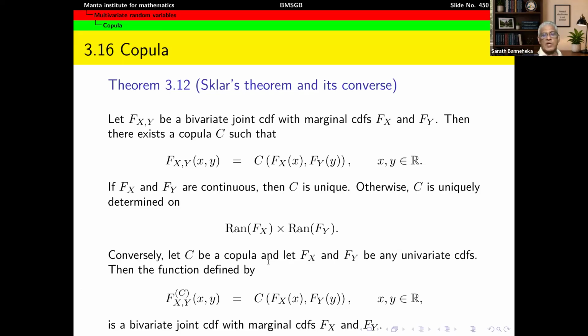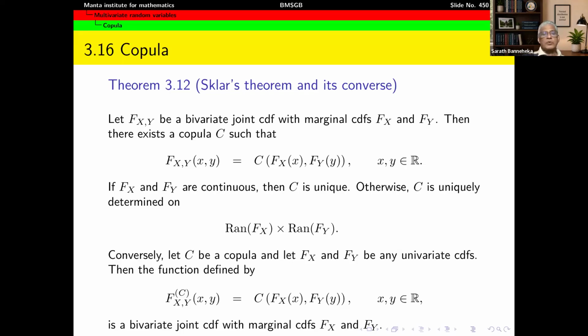Conversely, let C be a copula and let Fx and Fy be any univariate CDFs. Then if you consider C of Fx, Fy, and let's call it F_XY with the superscript C to denote that it is a function created through the C, this function is a joint CDF, a bivariate joint CDF with the marginals Fx and Fy.